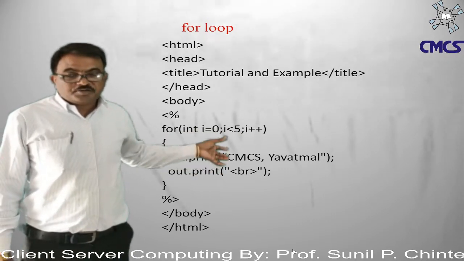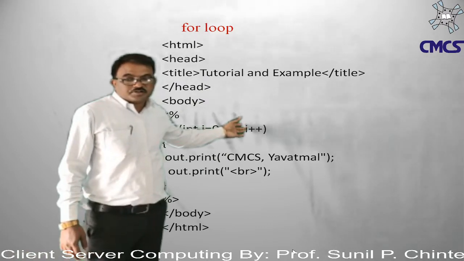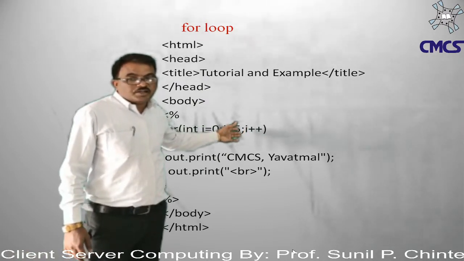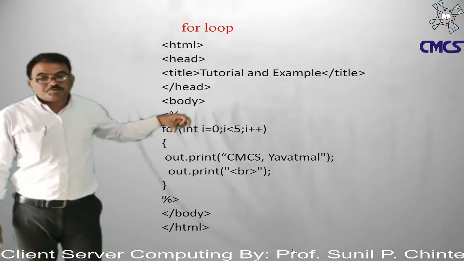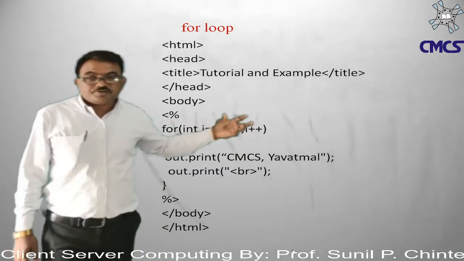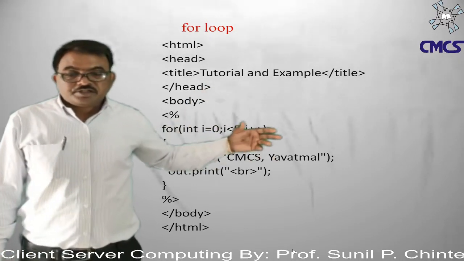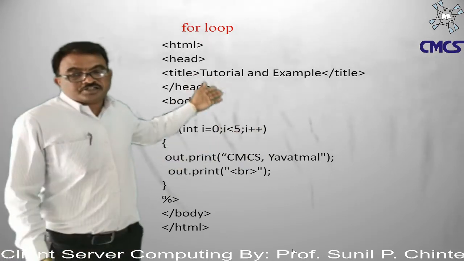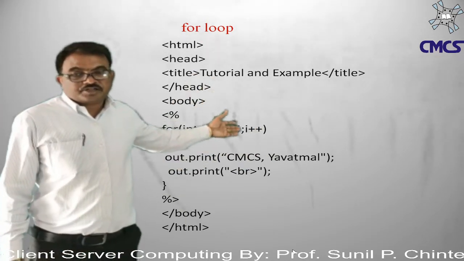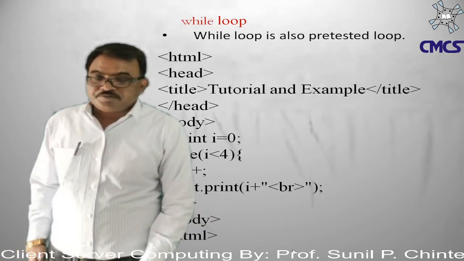After executing the body of the for loop, the counter will be incremented by 1. In this way the iterations of that loop will be executed until the condition is satisfied. Okay, so this is the simple for loop that we can use in JSP.